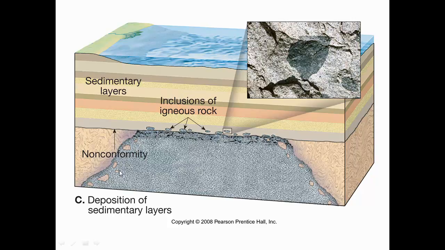Now notice that the igneous intrusion contains xenoliths, inclusions of the adjacent metamorphic rock. So is the metamorphic rock younger or older than the igneous intrusion? The metamorphic rock has to be older than the igneous intrusion in order to supply the inclusions within the igneous intrusion.